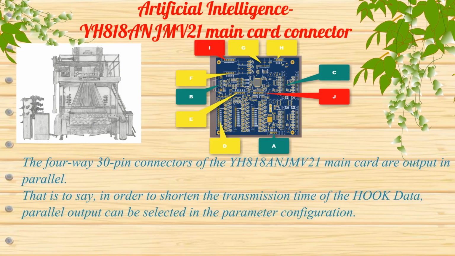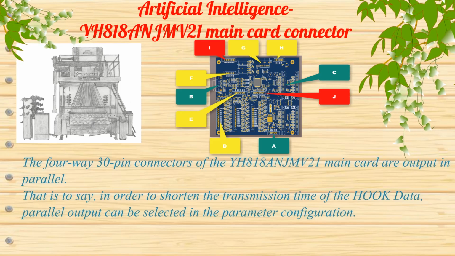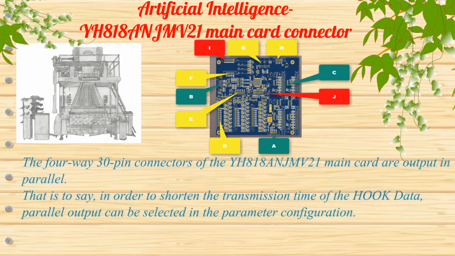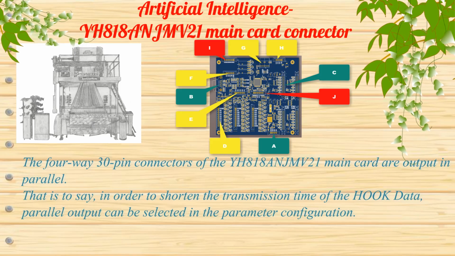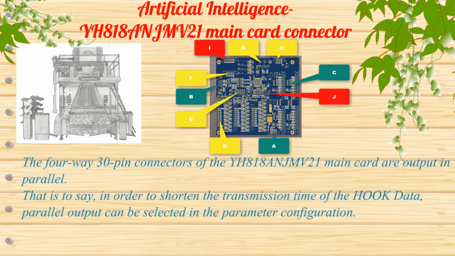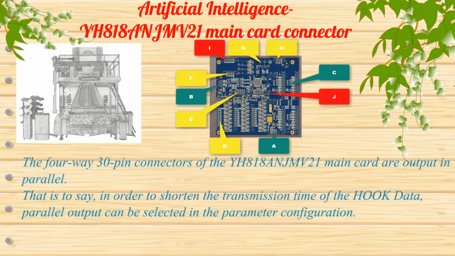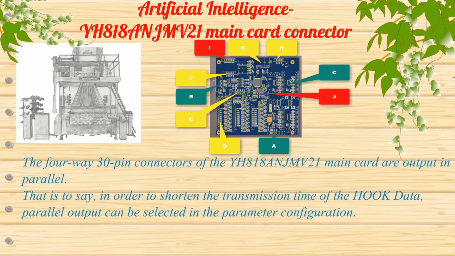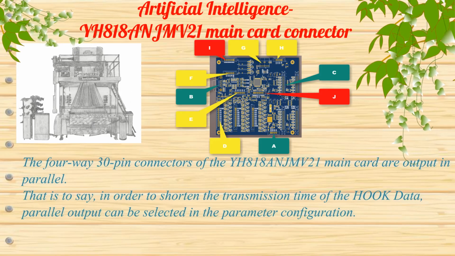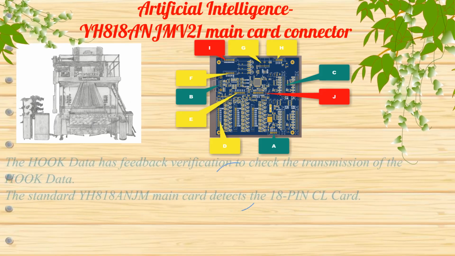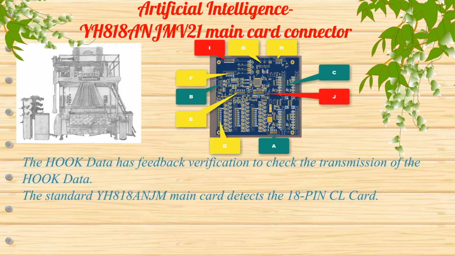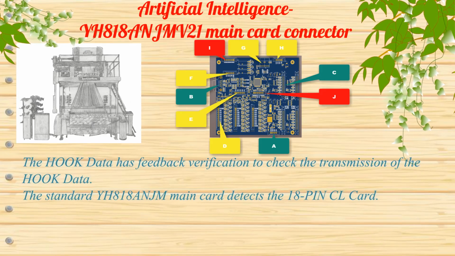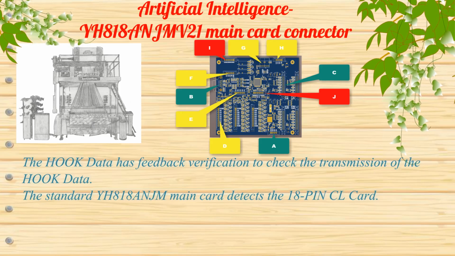The 4-way 30-pin connectors of the YH818ANJMV21 main card are output in parallel. That is to say, in order to shorten the transmission time of the hook data, parallel output can be selected in the parameter configuration. The hook data has feedback verification to check the transmission of the hook data.